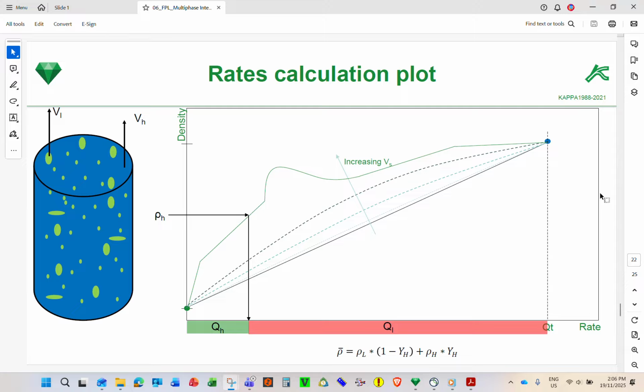Or you can have holdup directly, 0 to 1. Same: minimum 0, maximum 1, minimum raw gas, maximum raw water or raw oil. If you are in three-phase, you do it twice: the split between total liquid and gas, and between oil and water.